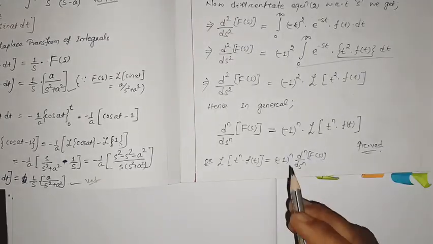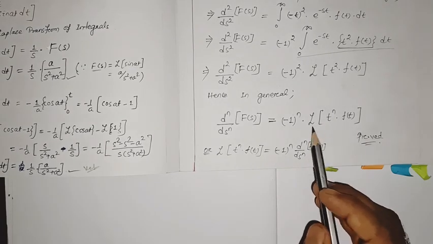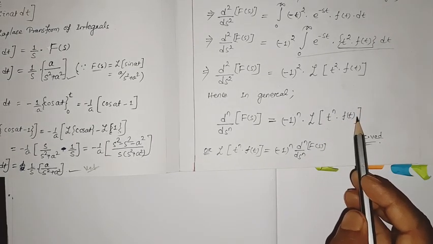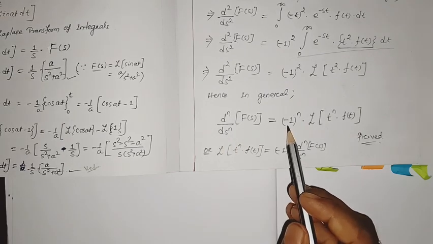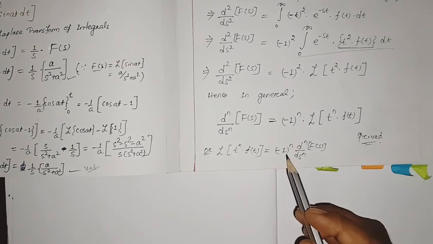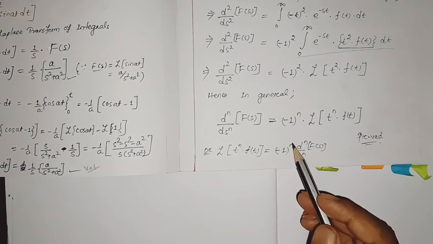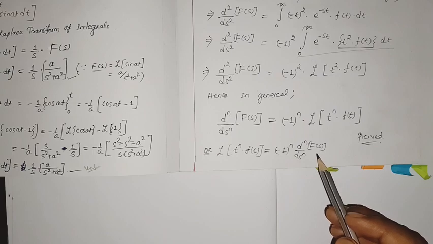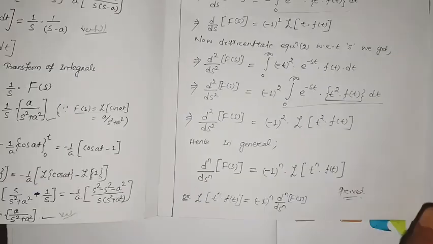So here you can see that Laplace transform of t to the power n f of t will be equal to 1 by minus 1 to the power n, this term. So 1 by minus 1 to the power n is nothing but minus 1 to the power n, nth derivative of capital F of s. Okay, so here it is proved.